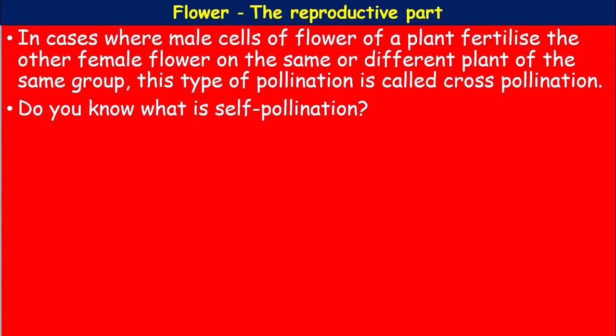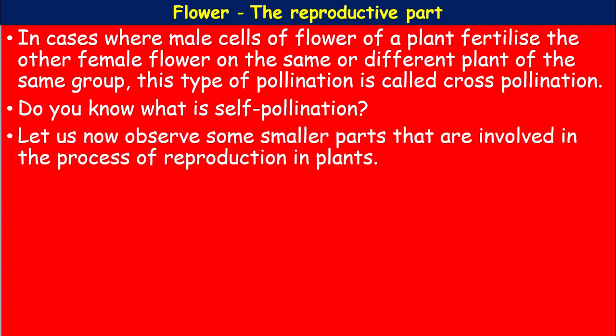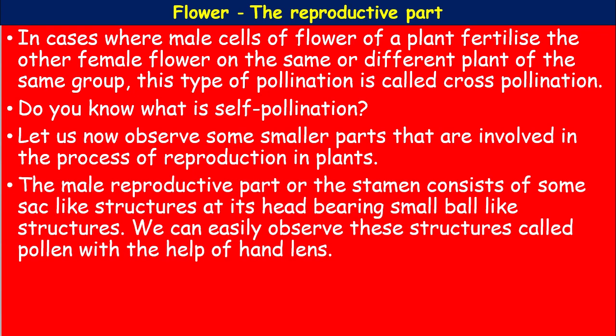So self pollination is the transfer of pollen. The male reproductive part consists of some sac-like structures.